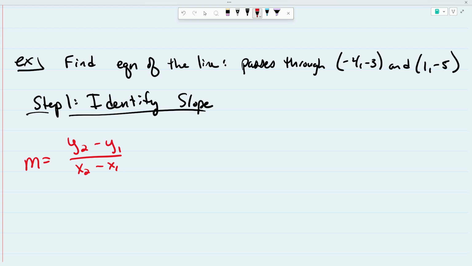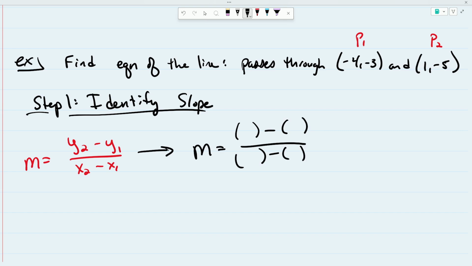So what I'm going to do on the far right, I'm going to label these point 1 and point 2 respectively. And I just chose it left to right. That's it. So m is going to equal, put some parentheses here first, and then I'll make my substitutions.